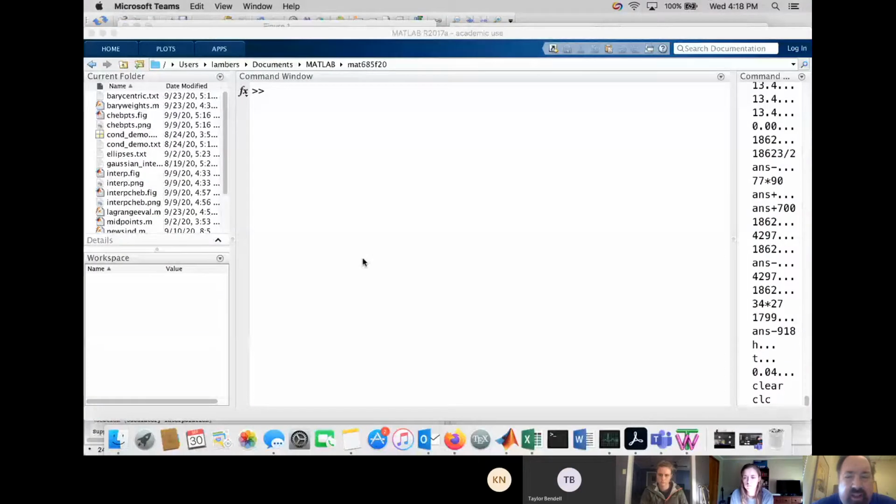I can't really tell if this is working. Are you seeing my MATLAB? I didn't think so, because I expect to see a little red on the side, and I don't. Oh yep, there's no sharing at all. Gotta love Teams. It's like, no, I don't feel like it this time. Okay, let's try it again. Now, hopefully, you see my MATLAB.